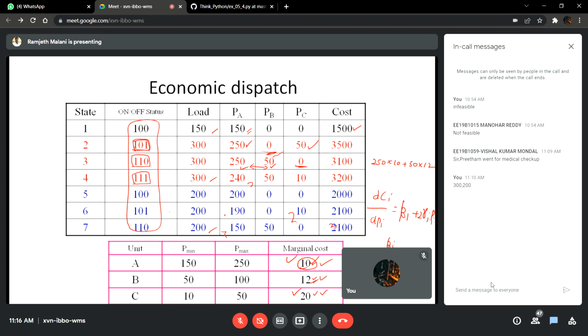Now, we have all the generators turned on in this particular state 1, 1, 1.